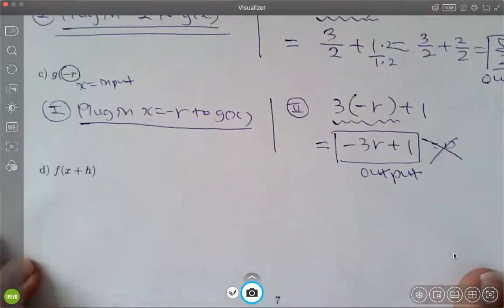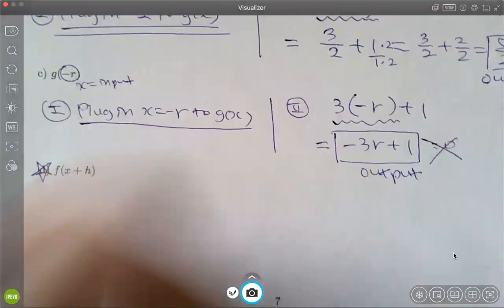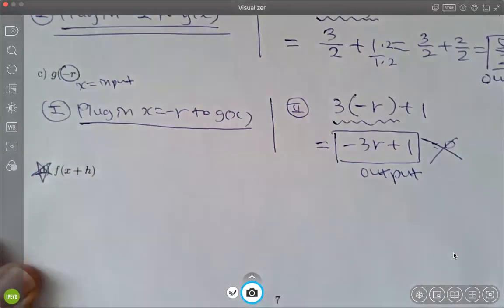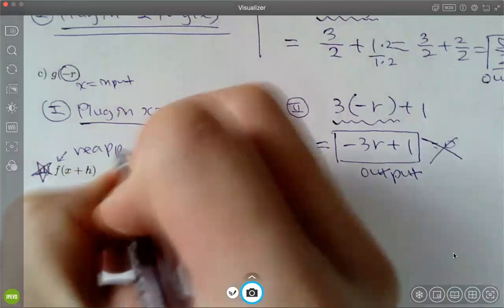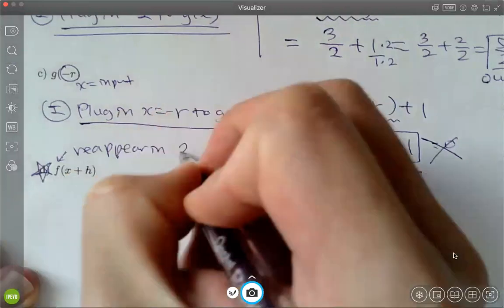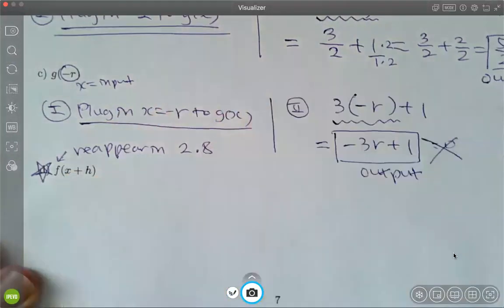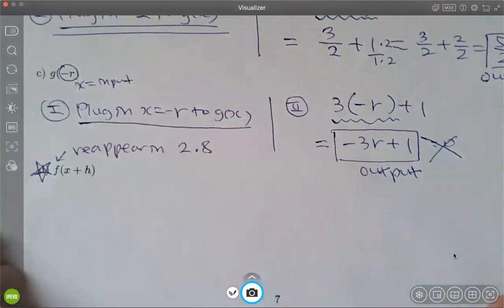Now, here comes the main thing for this problem, f of x plus h. Now, as a preview, this thing will reappear in section 2.8, which is right next section. So at that point, hopefully you remember how to evaluate this. What do we do here?